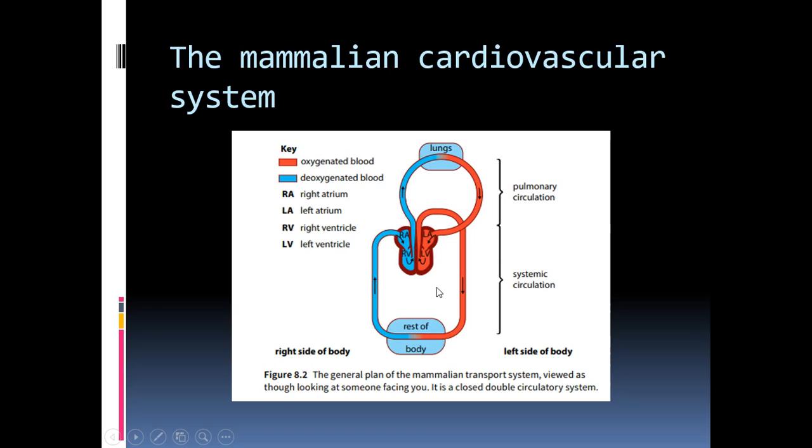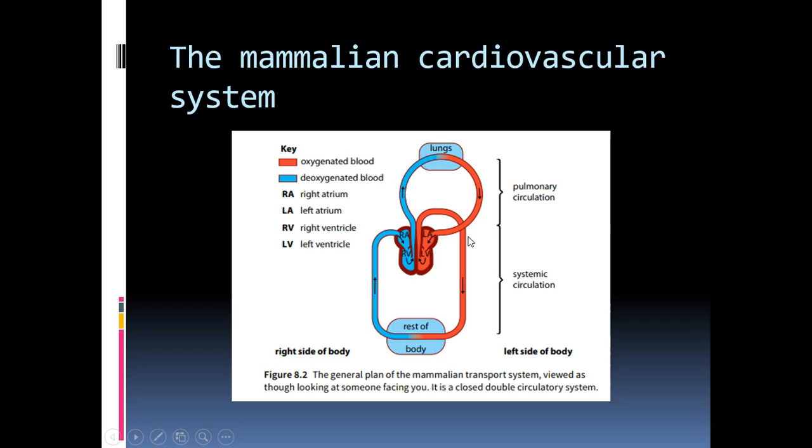Okay, so the blood is then pumped out from the right ventricle into the pulmonary artery, which then carries the blood to the lungs. Right? And finally, once the blood has carried out the gaseous exchange process at the lungs, it will move back to the heart through the pulmonary vein.